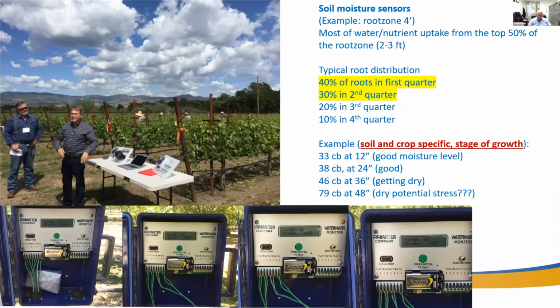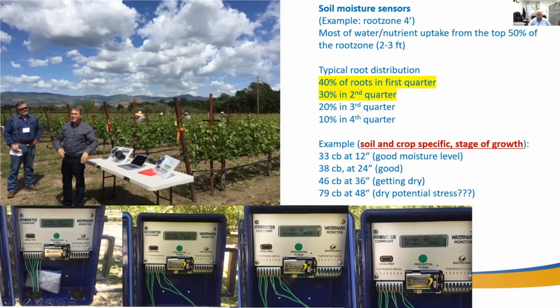Soil moisture is essential. The best thing is to have a soil auger or a shovel and go to the field and see what's going on. Here I'm showing an example in grapes, and we're all familiar with tensiometers. There is a newer version of the tensiometer, with much less maintenance and relatively easy to use. It's called Watermark. You can see these are 4 different data loggers right here, one at each depth in the soil profile.